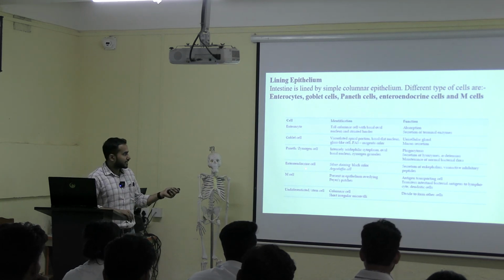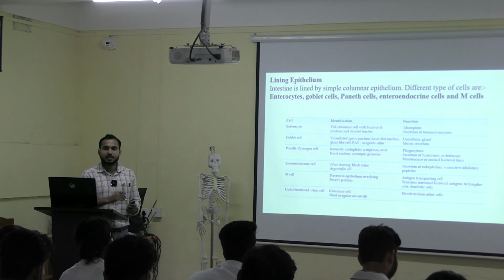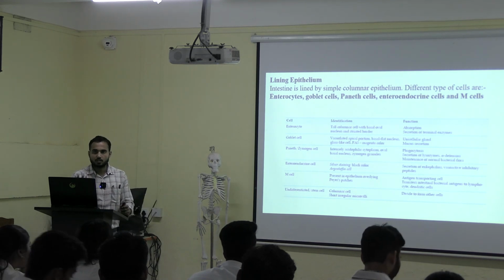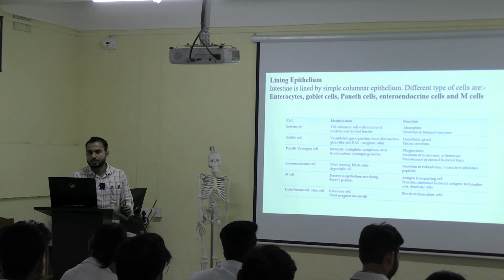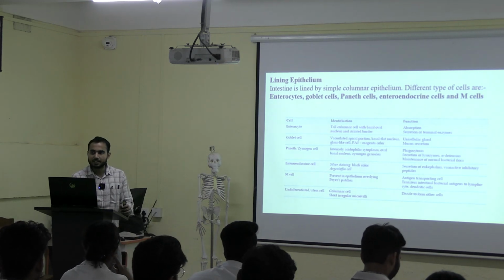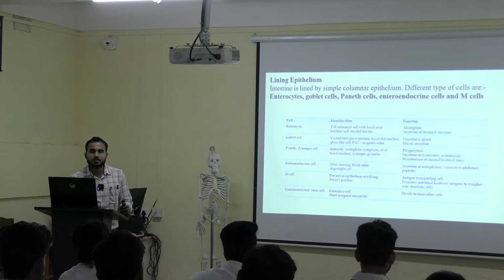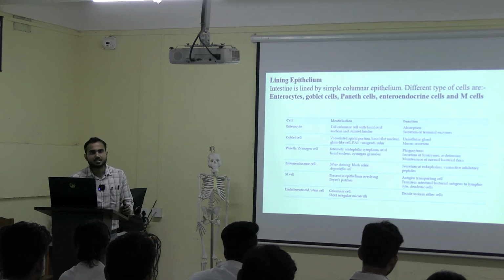Next, enteroendocrine cell. These are also called argentaffin cell. Why? Because they can be seen with the help of silver salt only. That means if you want to stain the enteroendocrine cell, which type of stain is required? Silver salt. That's why they are called argentaffin cell.